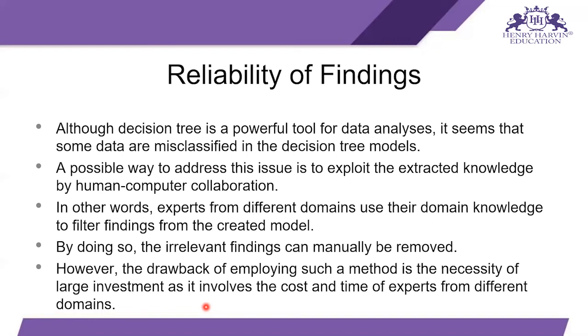Sometimes we need a domain expert who can find out which amount of the given raw data we have to use, and which data we have to neglect, which can be done manually. And doing this will involve the cost and time of experts, which increases the cost and time. So this is the disadvantage, but this decision tree is also good for the reliability of findings.